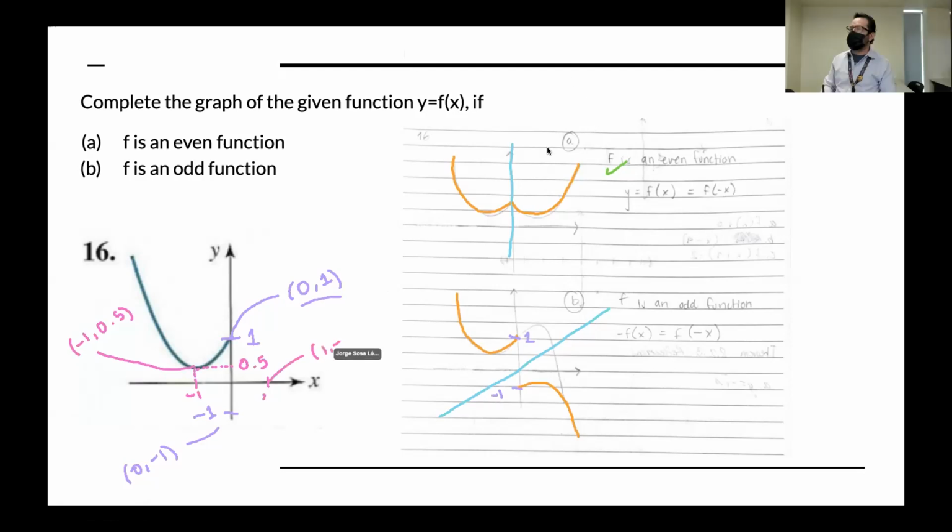1 and -0.5, which would be approximately here. This would be the corresponding mirrored value.